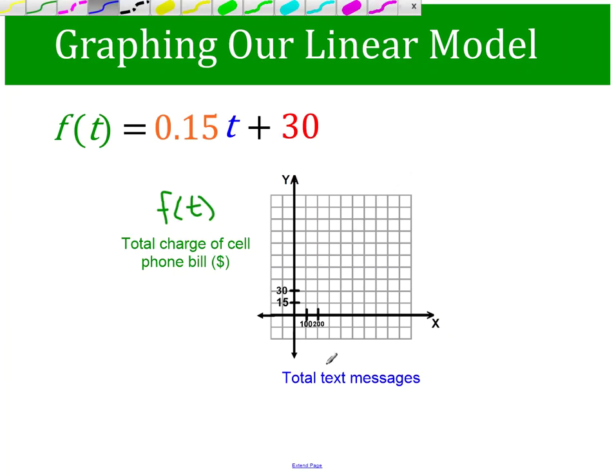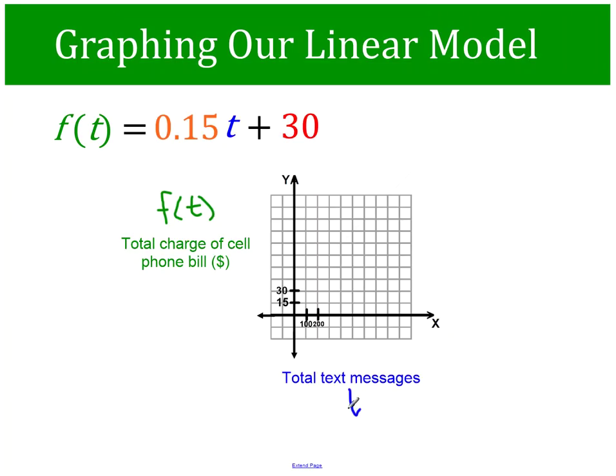Right? And along x, total text messages, that's t. So my scale along t, I went by 100s. I did that using methods we talked about in the previous video. I just evaluated at 100, and I decided that it would be easy to go by 100s, going up 1 over 1 on the grid.